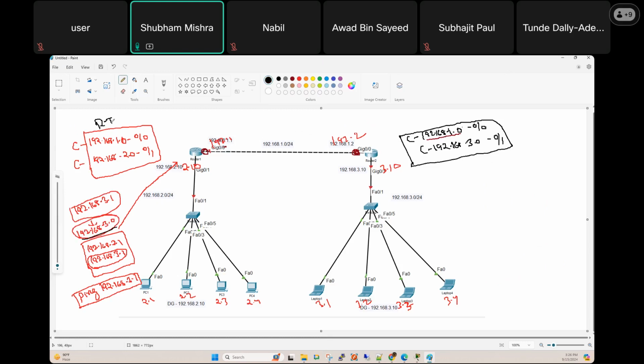The routing table. But is there any information about the 3.0 network in the R1 routing table? The answer is no. R1 doesn't know about the 3.0 network. So if R1 doesn't know, then definitely R1 will drop this packet. Agree? Everyone, yes or no? Yes. Okay, let's see.